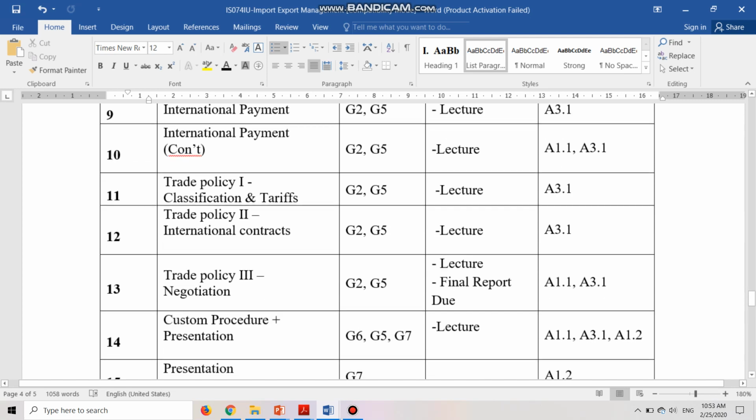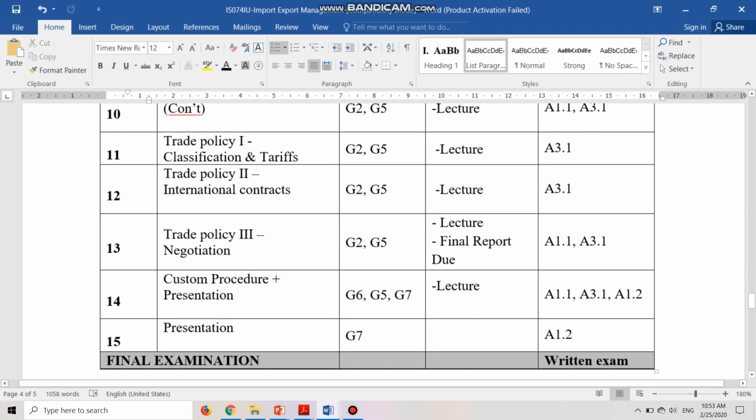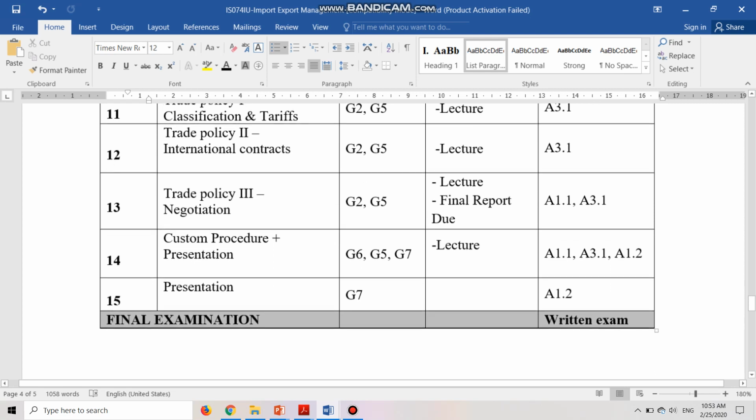And then the next 3 weeks, we will learn about trade policy. The first one is classification and tariff, then international contracts, then how can we negotiate with the buyers and sellers.